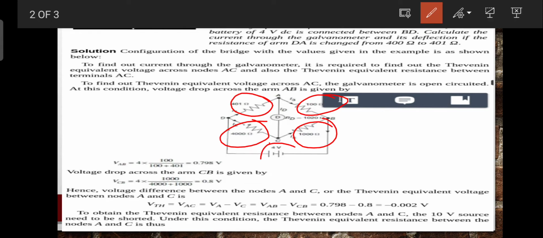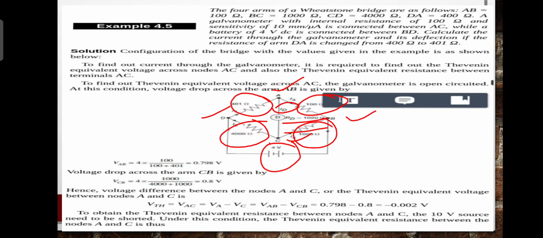The battery is given between points D and B, and the galvanometer is given between point A and point C, and the galvanometer internal resistance is 120 ohm.